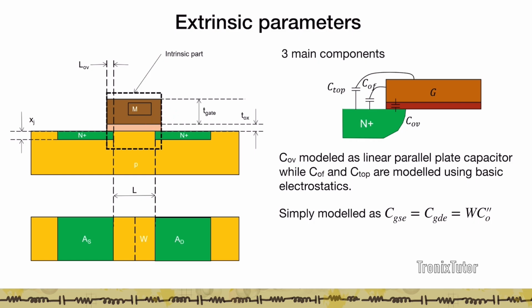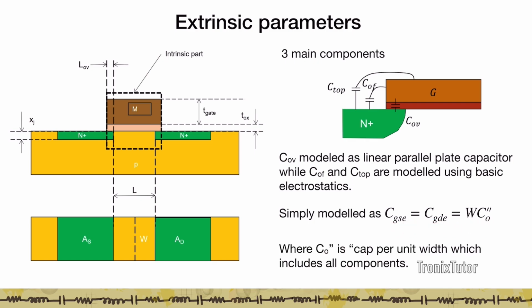So we talk about a fitting parameter, which is the CO double prime, and we say that this capacitance is width times CO double prime. Because then this gives me a handle as to what happens if I change the width of the transistor, which is basically what a designer has to do when designing circuits. So this CO double prime is known as a cap per unit width and is generally used in all models.